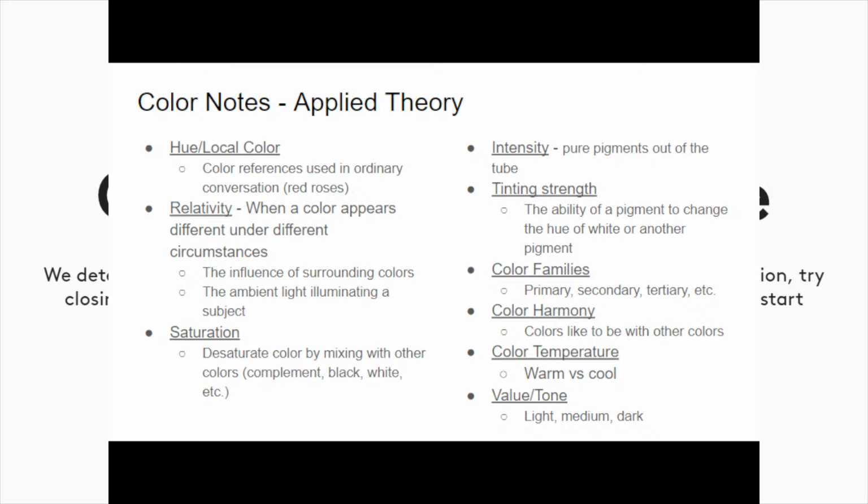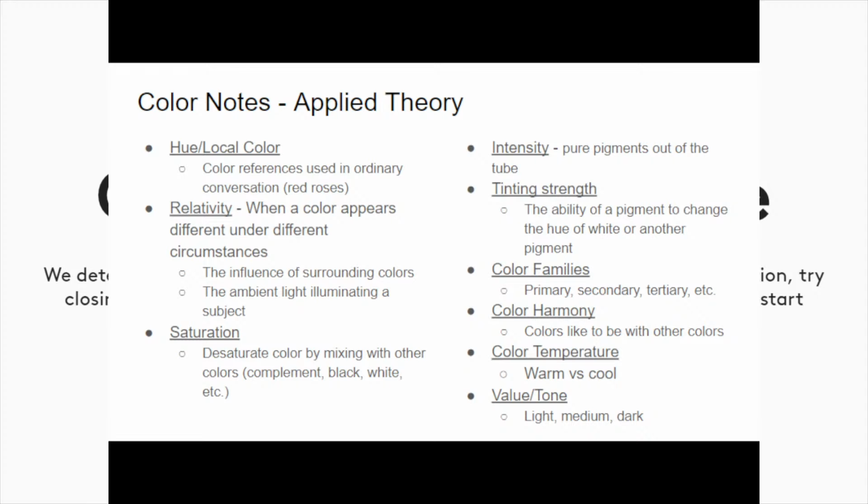If I take the same amount of the alizarin crimson, the same amount of this sienna, and the white, I'm going to get a more intense red than I would with the black.